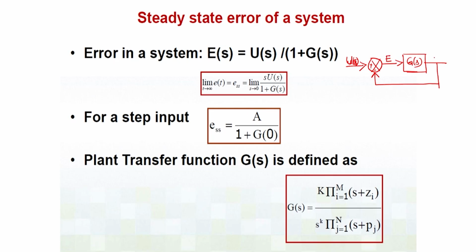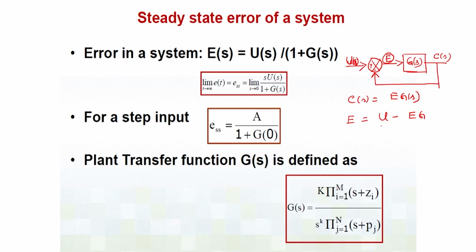So, what is the output here? We know that this is the C(s), we usually call it, right. So, C(s) is E G(s), right. Okay. Now, what is the error E here then? Then the error E here must be U minus E G(s). That is the error E here.